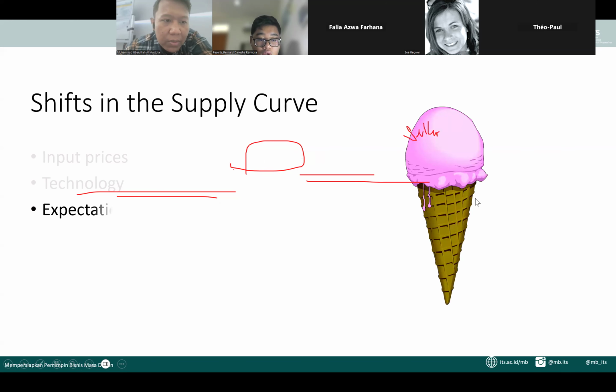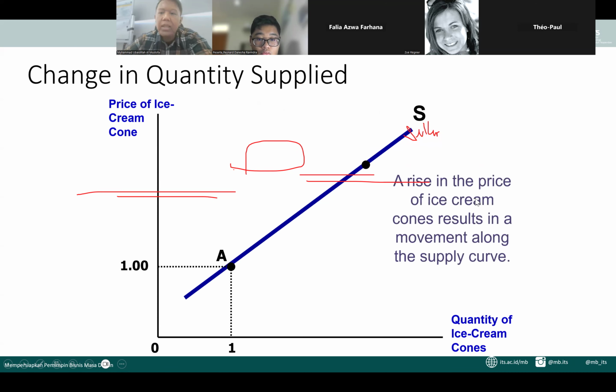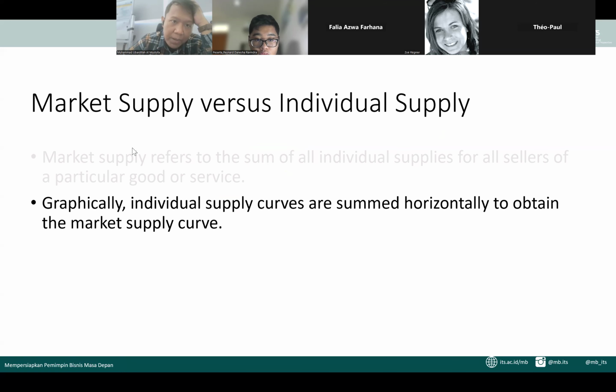They don't have the graph of the market supply here, but I think the same idea applies when we speak about the market supply. So you come up with the market supply.